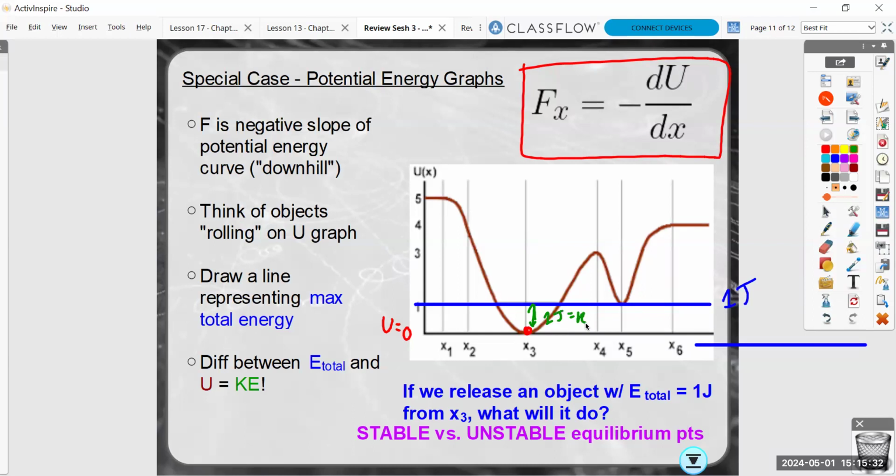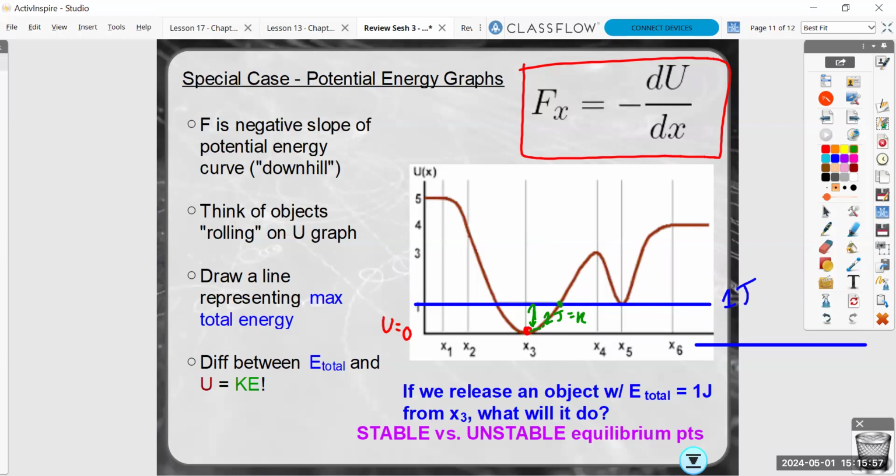Now, I don't necessarily know which way this object is moving, but let's just say it's moving this way. If I have 1 joule of kinetic energy, it's going to have some energy to move, right? But as it goes up this curve, it's gaining potential energy. And if it's gaining potential energy, it's losing kinetic energy. Where is it going to stop moving?